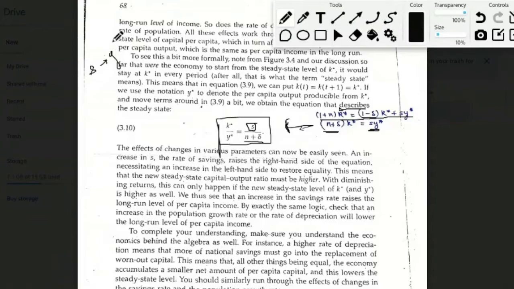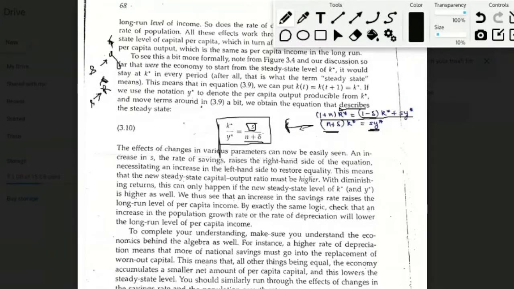Whereas in the Solow model, we are saying that a higher savings rate indicates a higher level of steady state stock of capital. We are not really saying that the growth rate is increasing. We are saying that the value or the level of the steady state capital per capita will increase.